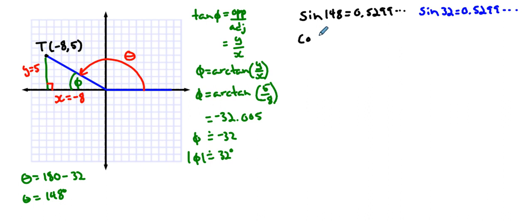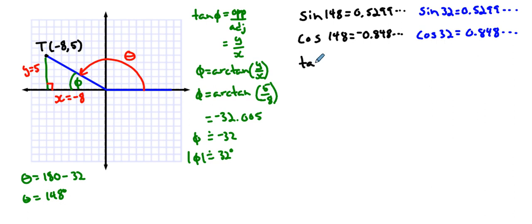So let's look for cosine of 148. Well, if I do the cosine of 148, I get -0.848... If I look at the cosine of 32, the negative goes away, but I'm left with the same decimal, the same ratio. So there's definitely something going on here.